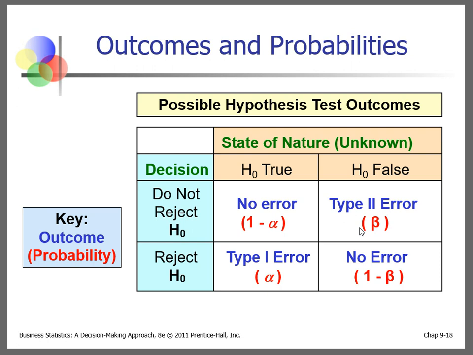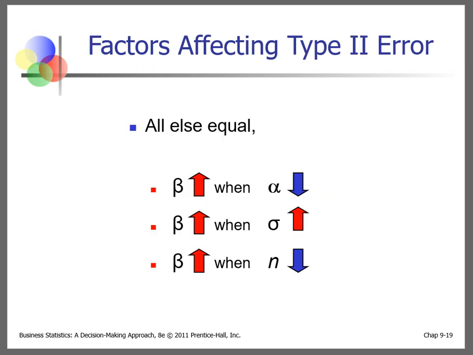Thus, in setting alpha, you must consider both sides of the issue. Additionally, when all else is equal, beta is high when alpha is low. Beta is high when the population standard deviation is also high. And beta is high when the sample size is low.